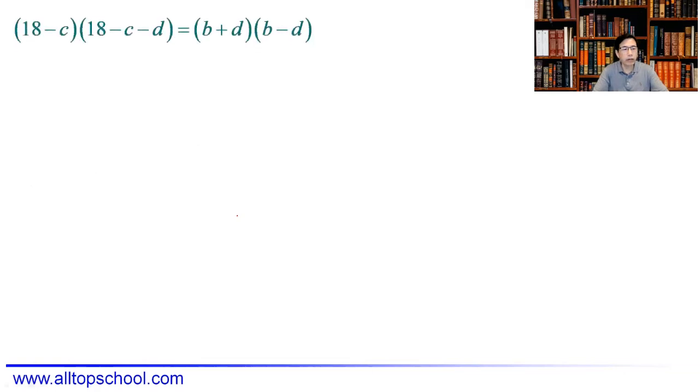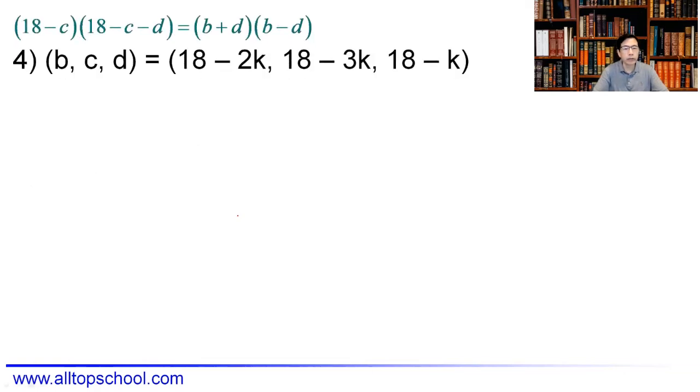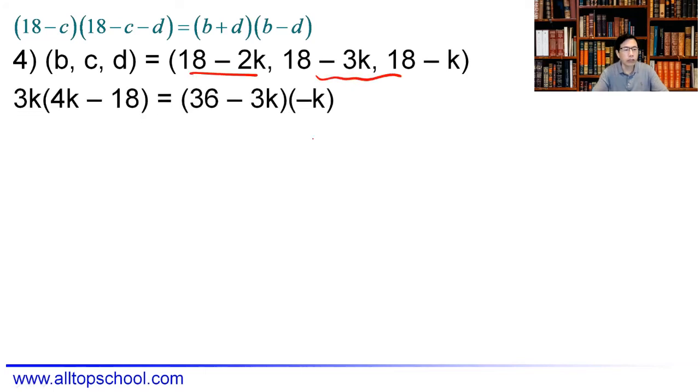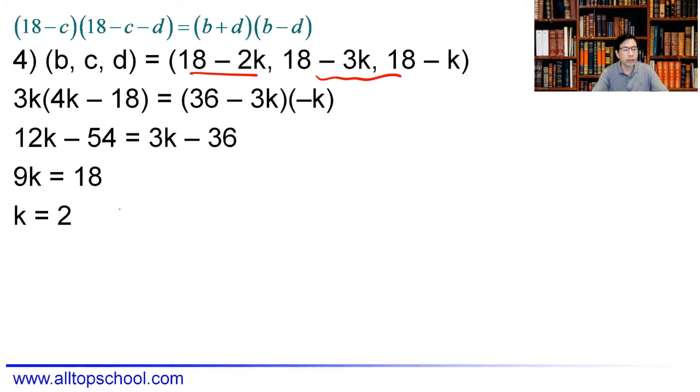Let's look at the fourth case. We're going to keep this as it is and then switch the other two. Following this one, doing the same thing, plugging in, we solve for the value of k, which is 2. You can see minus c, that will be 3k. C plus d is these two, 36 minus 3k.